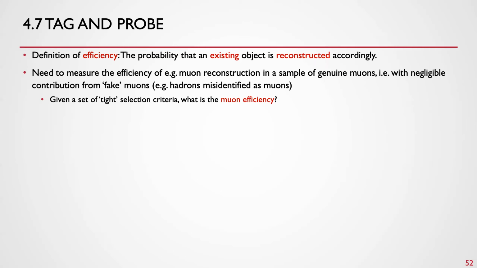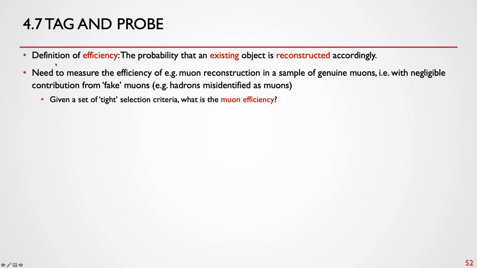And what is the rate that a muon candidate that originates from a particle of interest, like a Z boson, Higgs boson, or something, is really reconstructed?